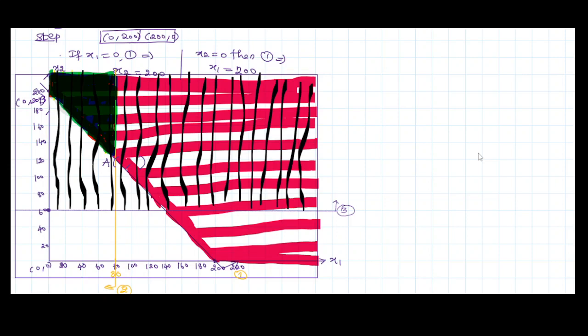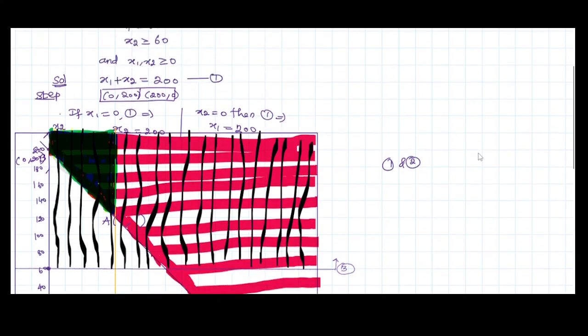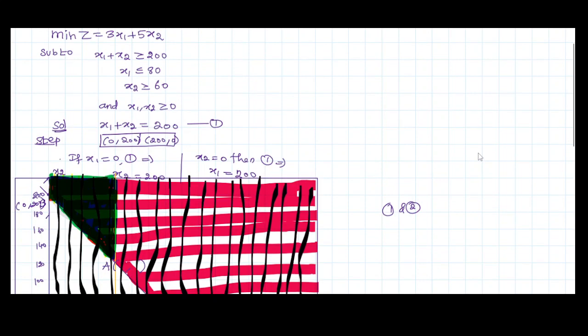Point A is the intersection of line 1 and line 2, so solving 1 and 2, we get point A.